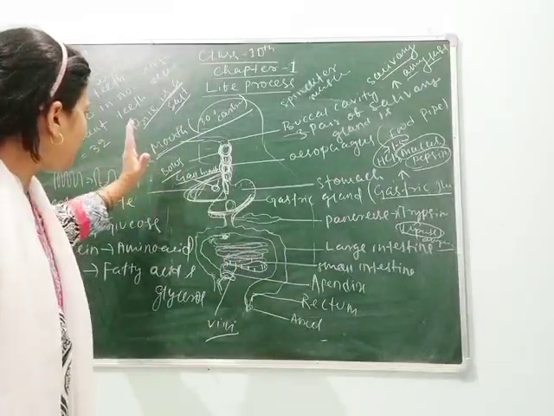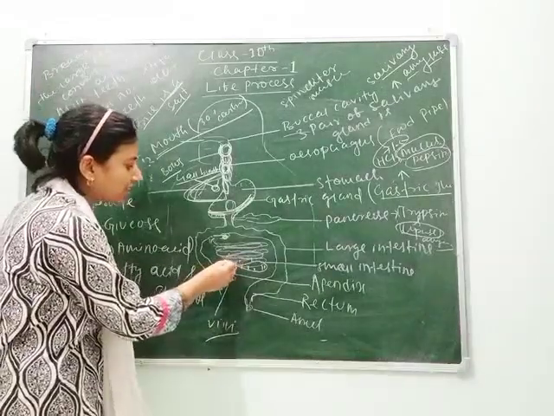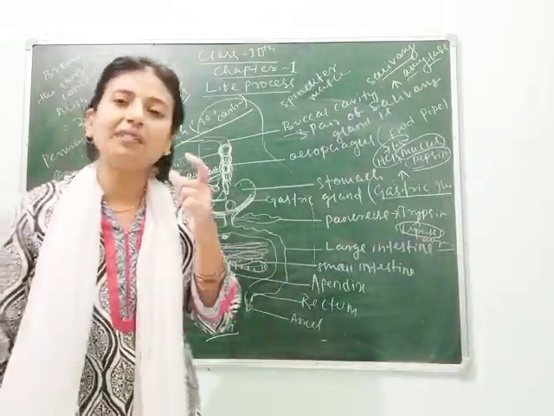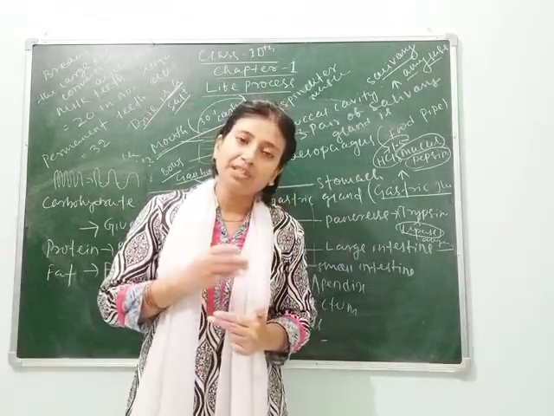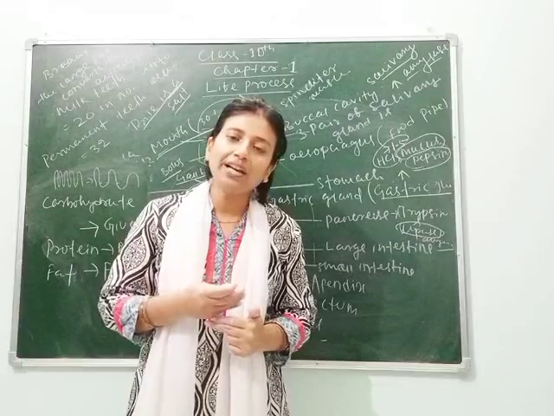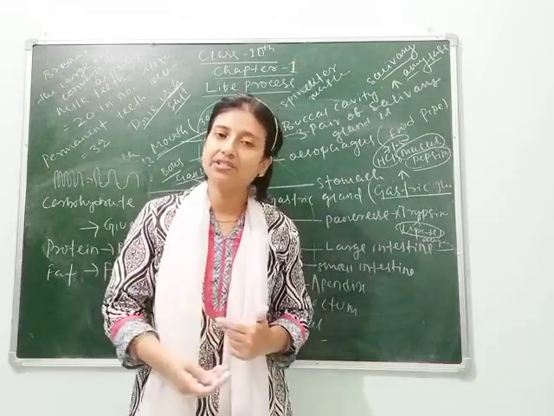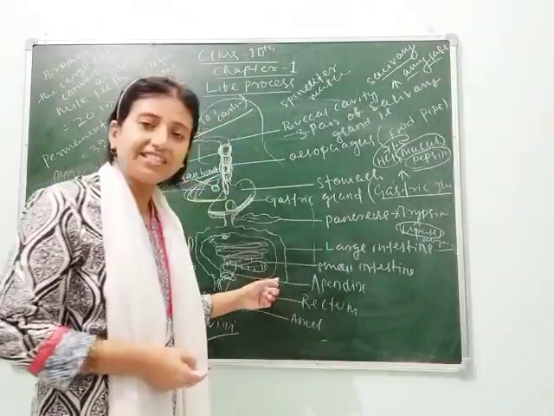After absorption of digested food, the undigested food moves towards the large intestine, and in the large intestine the absorption of water occurs. Remember students, the absorption of water occurs only in the large intestine, and some amount of the drugs, meaning the medicines we are taking, also get absorbed by the large intestine.